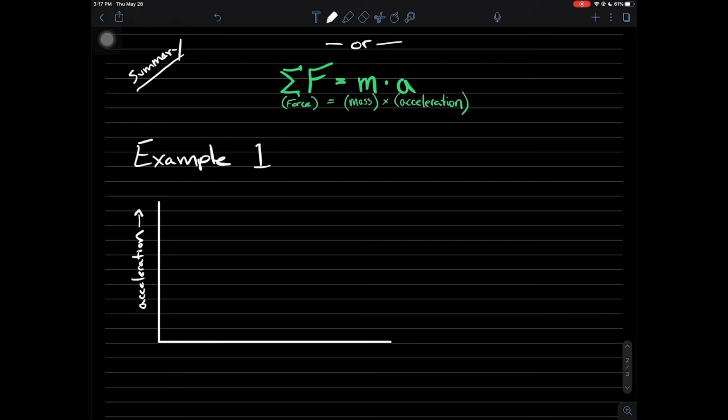And on the y-axis, we have acceleration. And on the x-axis, we have both applied force and mass. Okay, in this example, we are going to look at what happens to a system when it's acted upon by differing magnitudes of force.